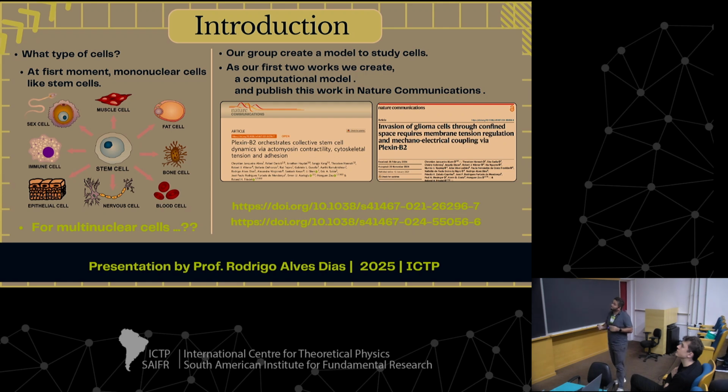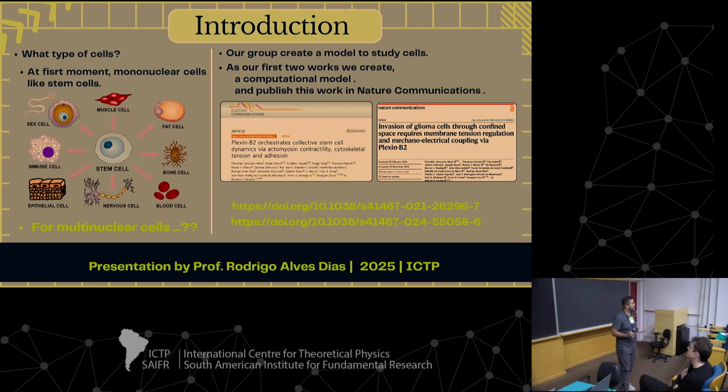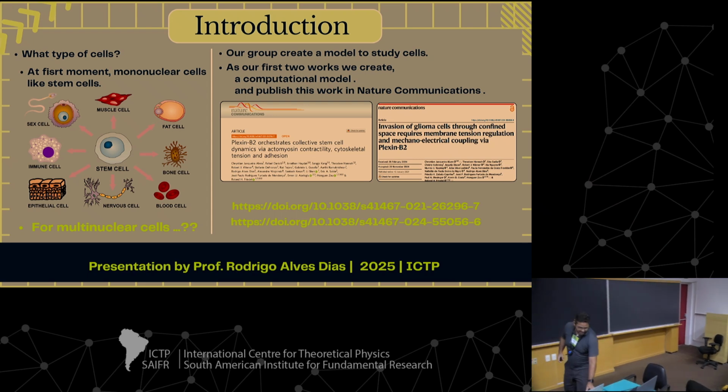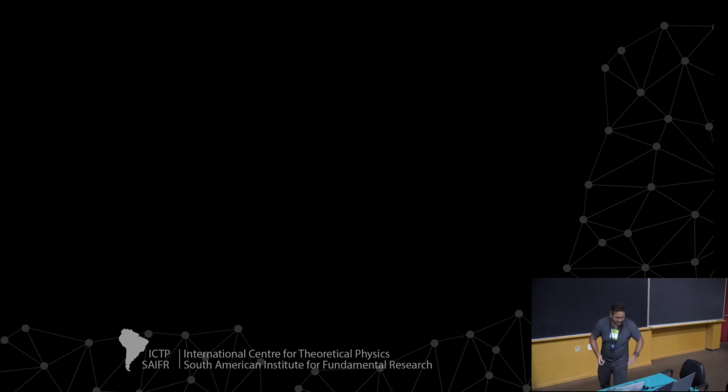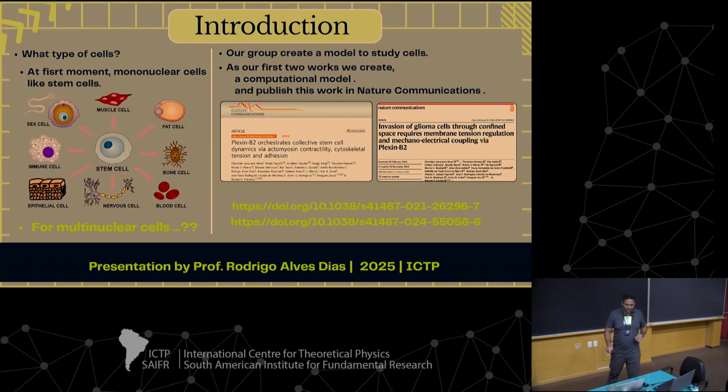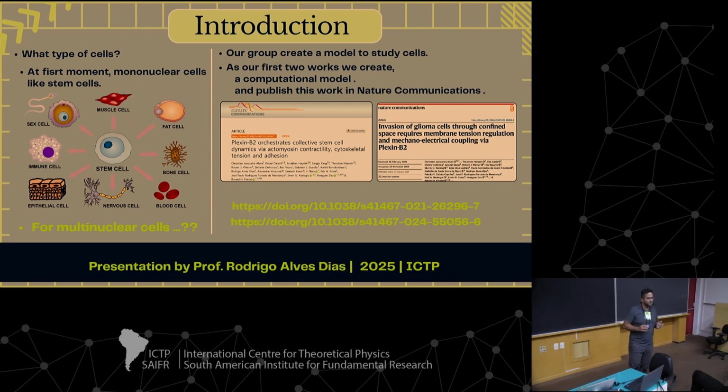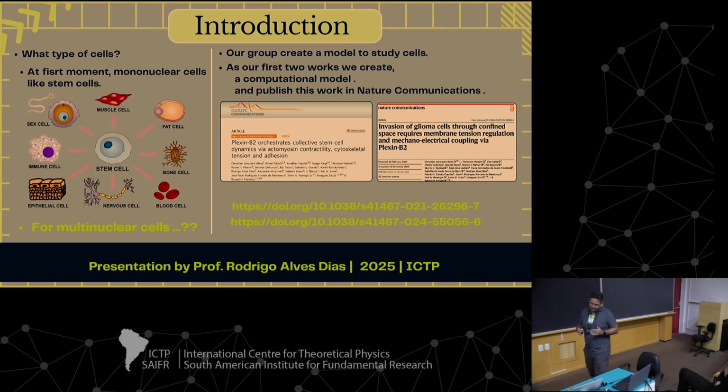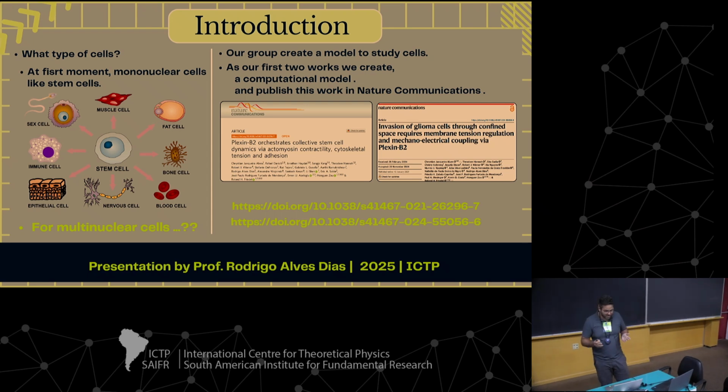And the first question was: what kind of cells am I interested in simulating? The idea was to study stem cells. Stem cells initially have only one nucleus, and anyone here knows that stem cells turn into other kinds of cells in our body.